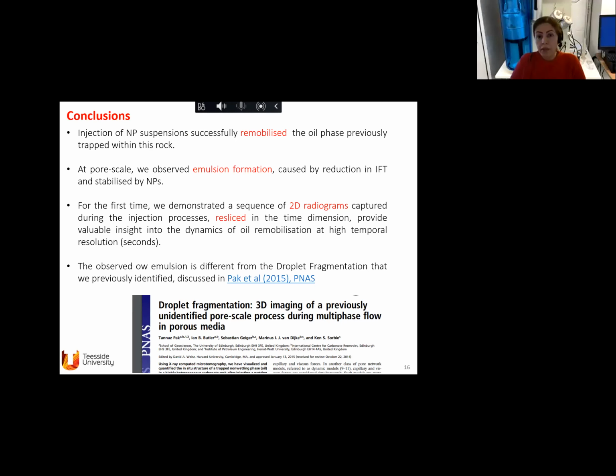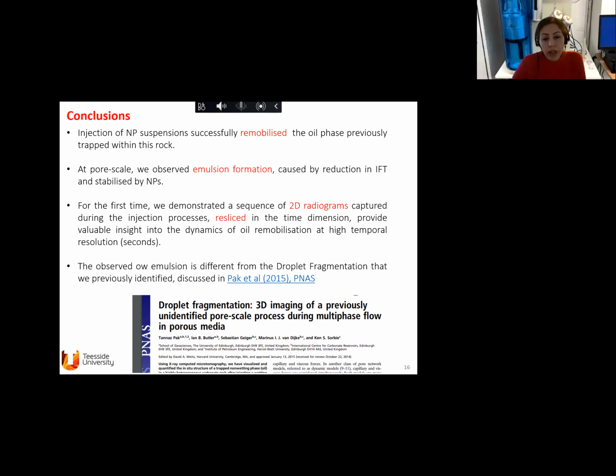Or if you are thinking about degrading the phase at a later stage, you'll have a different structure for that fluid phase. We also showed that using 2D radiograms and capturing thousands of those during the injection steps are actually quite useful in capturing some of the dynamics that you would otherwise miss.